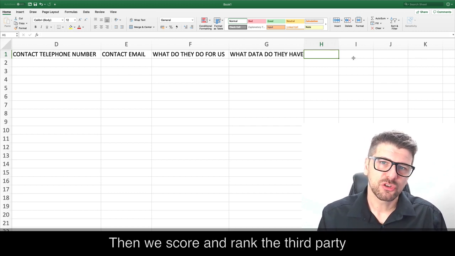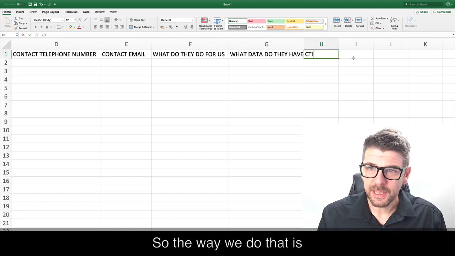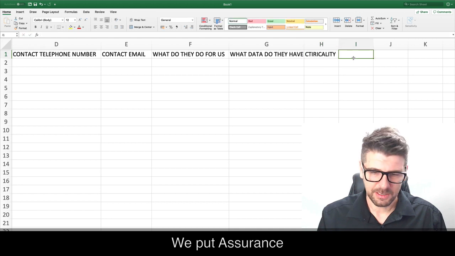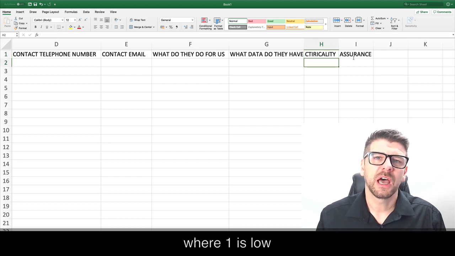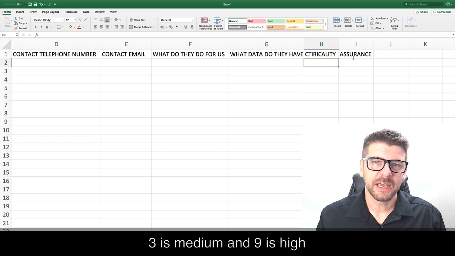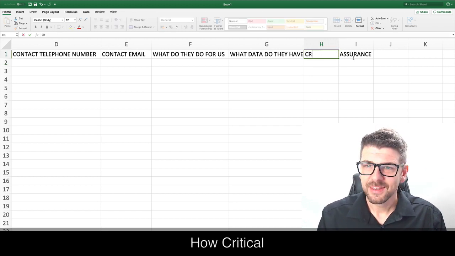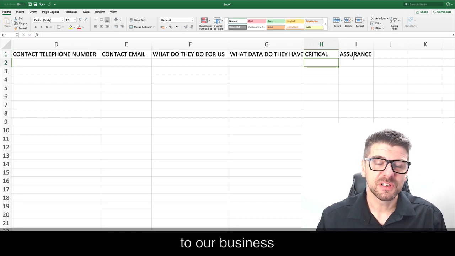Then we're going to try and look to score and rank our third party. So the way that we're going to do that is we're going to put criticality. Then we're going to put in there a level of assurance. So what do we mean by criticality? On a 1, 3, 9 scale, where we did this before, 1 is low, 3 is medium, 9 is high. We're going to say how critical is that third party to our business.